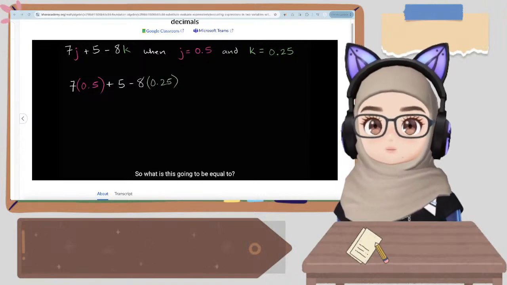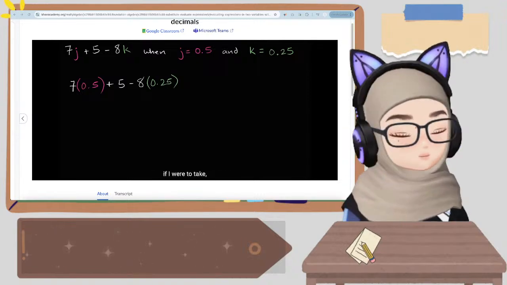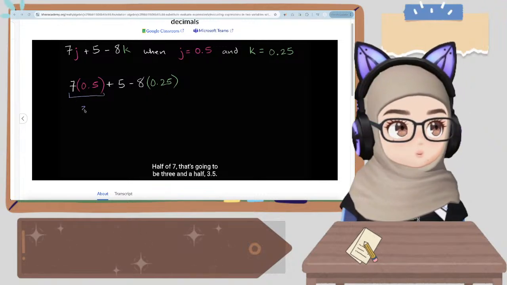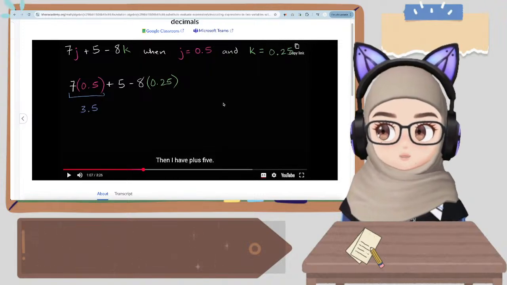So if I were to take 7 times 0.5, half of 7, that's going to be 3.5. Until now, we were right.